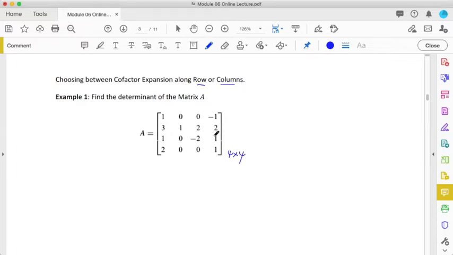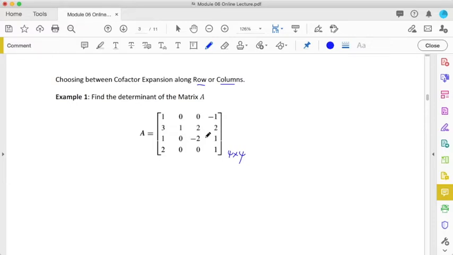To choose between these, the easiest way is to choose a row or a column that consists of the most zeros. Because when you have the most zeros, your calculations will become shorter.